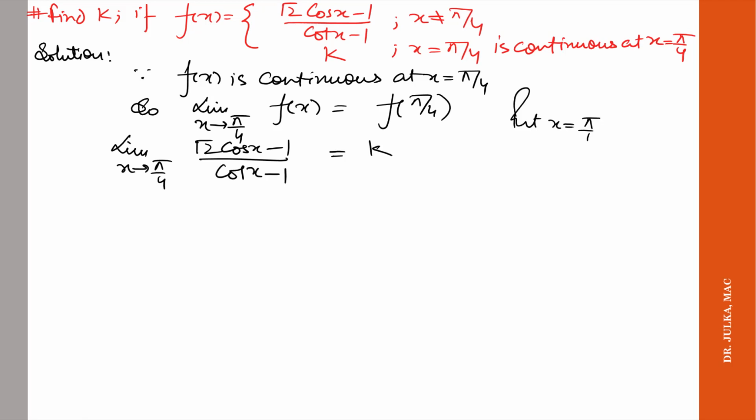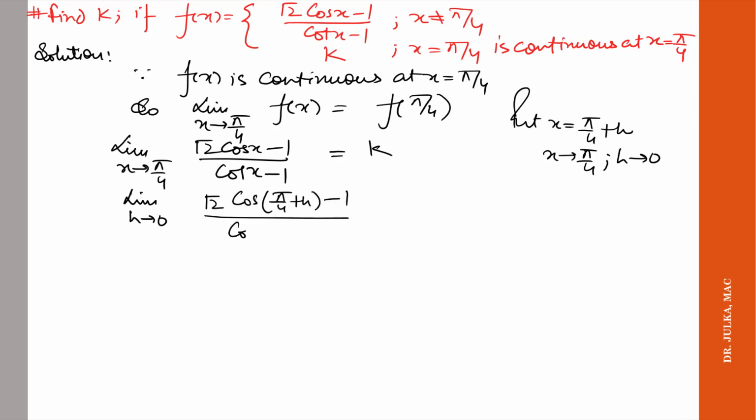Now put x equals pi by 4 plus h, because as x tends to pi by 4, h tends to 0. Now replace x by pi by 4 plus h, and the limit is h tends to 0.